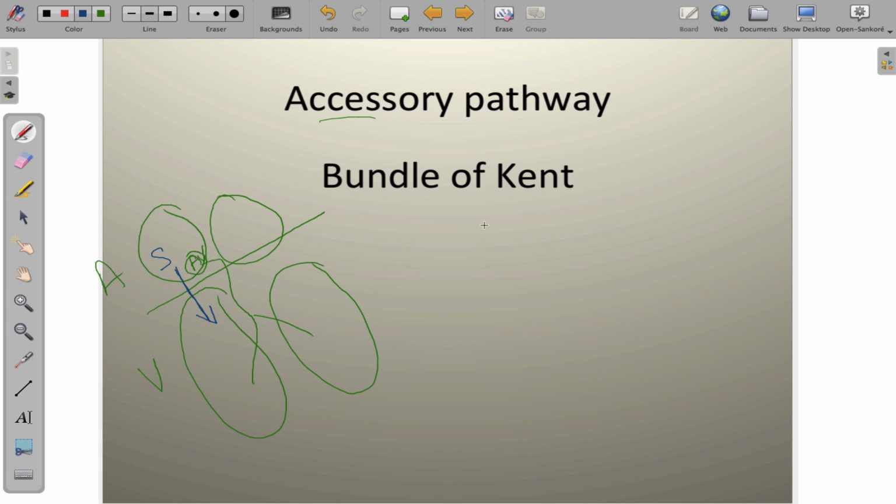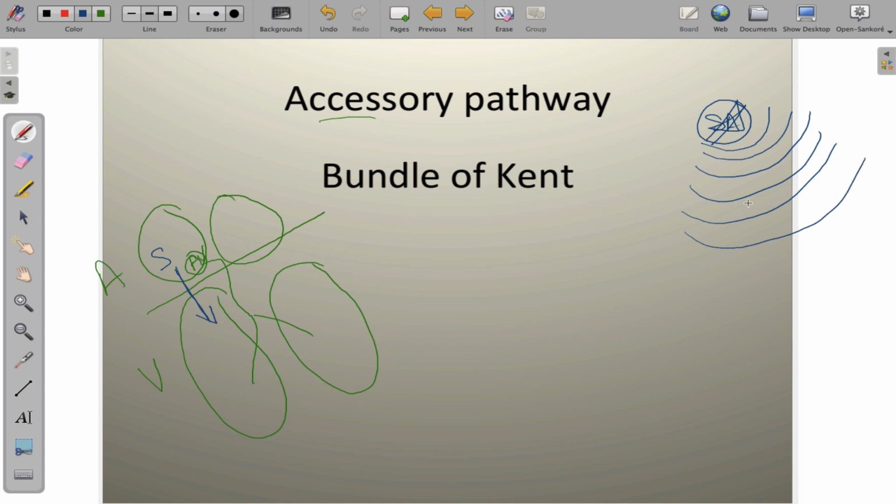So let's explore this for just a second. I want you to think of the SA node and electrical stimulation as an outward concentric circle process, so that when the SA node depolarizes and initiates the depolarization process, that wave of electrical depolarization starts to move outward until it stops for whatever reason. It could hit another piece of tissue, but it is going to continue to move outwardly until there's nothing else to transmit through.